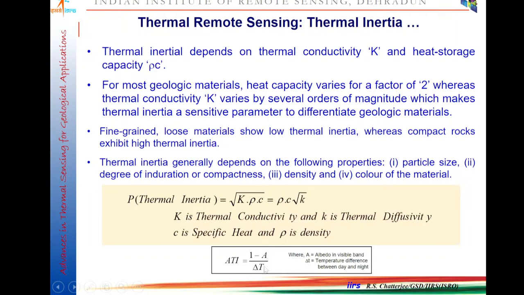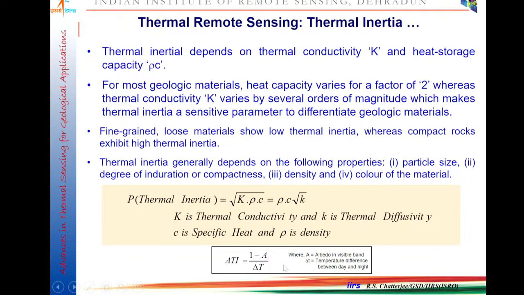So if you supply this much energy, then how far does the temperature of the object increase? If you take the temperature during midday or noon, that is the highest temperature possible for the material. And if you take the temperature at midnight, that is the lowest temperature of the material possible because of the solar radiation. Okay, so if you have the delta T temperature change, then what will happen?